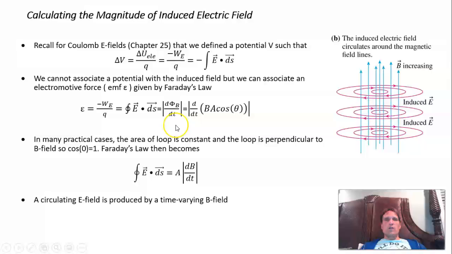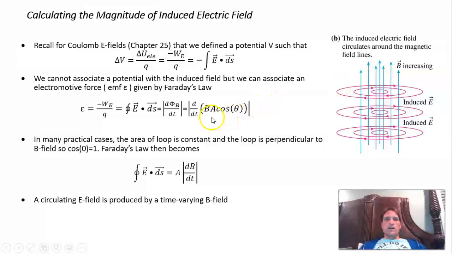So we now have an equation that E dot ds around this closed loop is equal to the time rate of change in flux. That's the magnitude. Now, in many cases of interest, including this, B is perpendicular to the loops, which means if you make the area perpendicular to the loop, B and A are in the same direction, so cosine of 0 is 1.